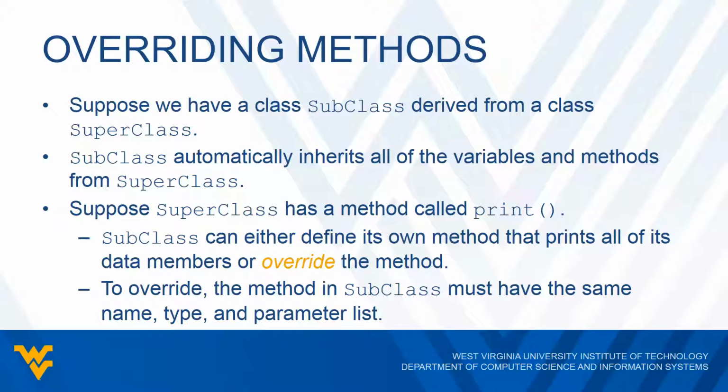It's just that now inside the body of that method, we come up with a different body and decide what we're going to do with that method. So in this case, if we were to override the print method, we would have it print all the data members of subclass rather than all the members of superclass.